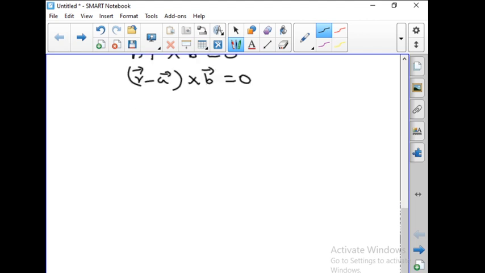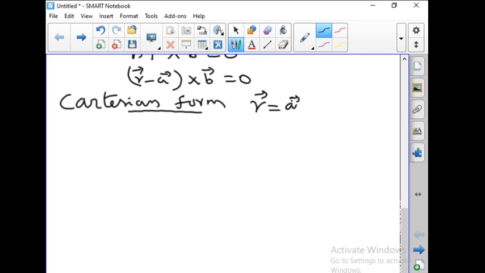Next we will see the Cartesian form of the equation. We have r = a + t b.